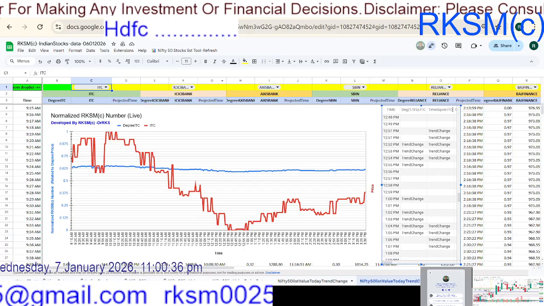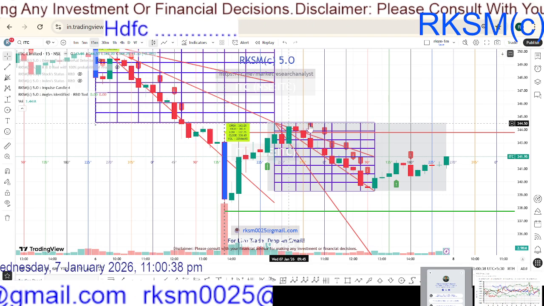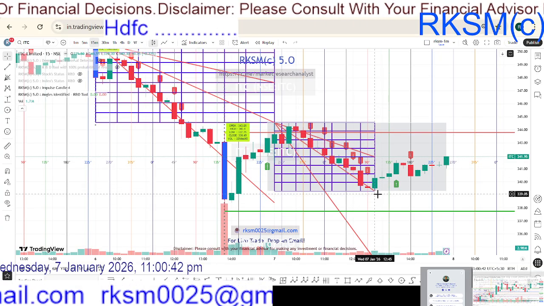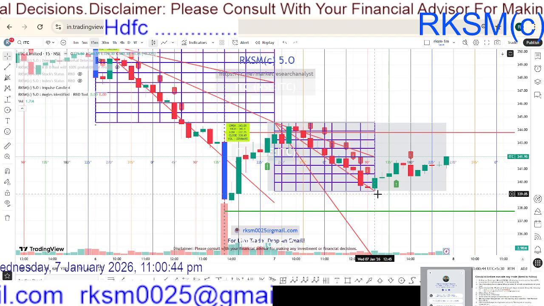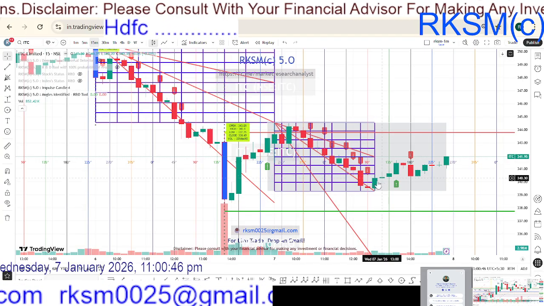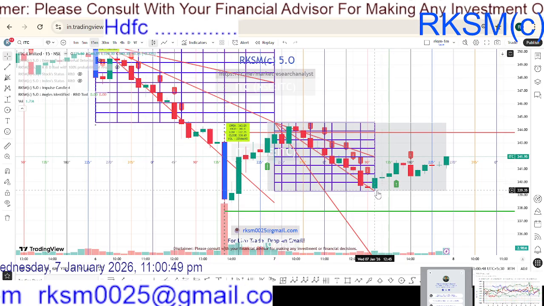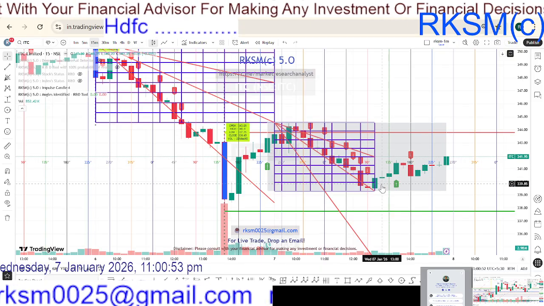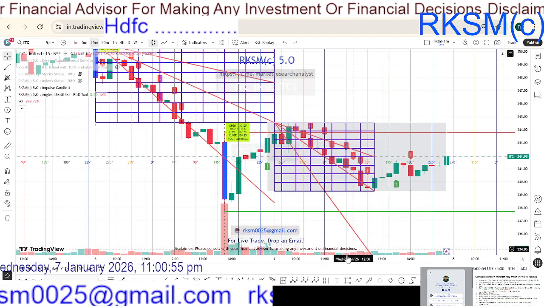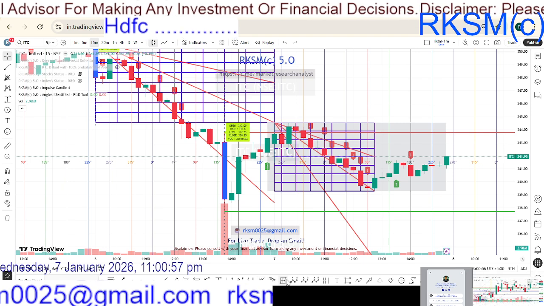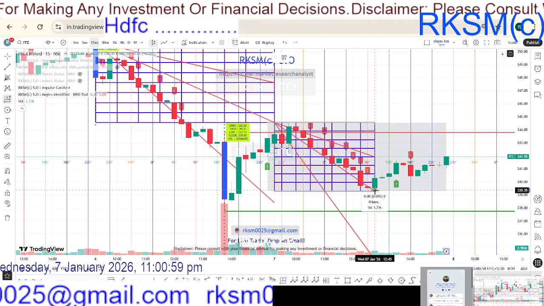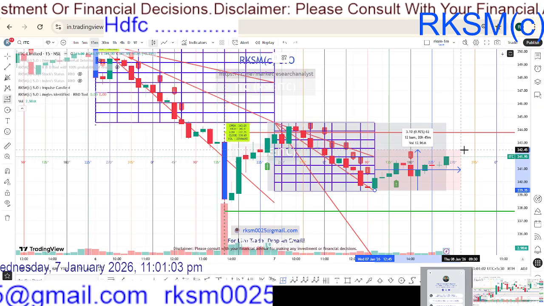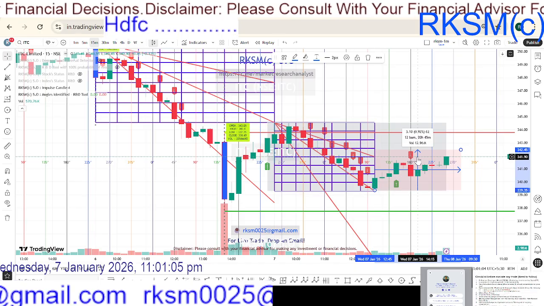Again we have seen here, at this point 1 to 1:15, 12:45 to 1, we got the reversal here. The reversal point is here, up to here 50%, so that is the market movement from here to here.